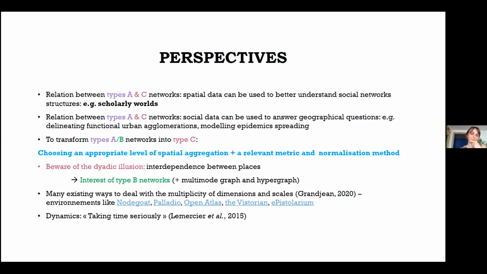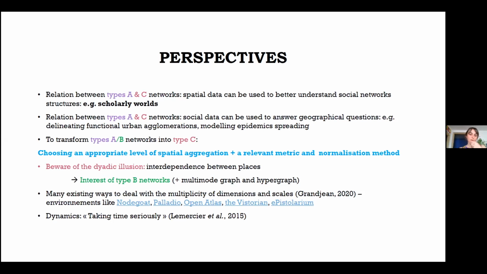And to finish, it's important to remember that doing all this type of network analysis manipulation sometimes makes us forget that it's not only dyadic relationships, and sometimes places are connected more like triads and so on. Now there are in the field many ways of dealing with more complex patterns.